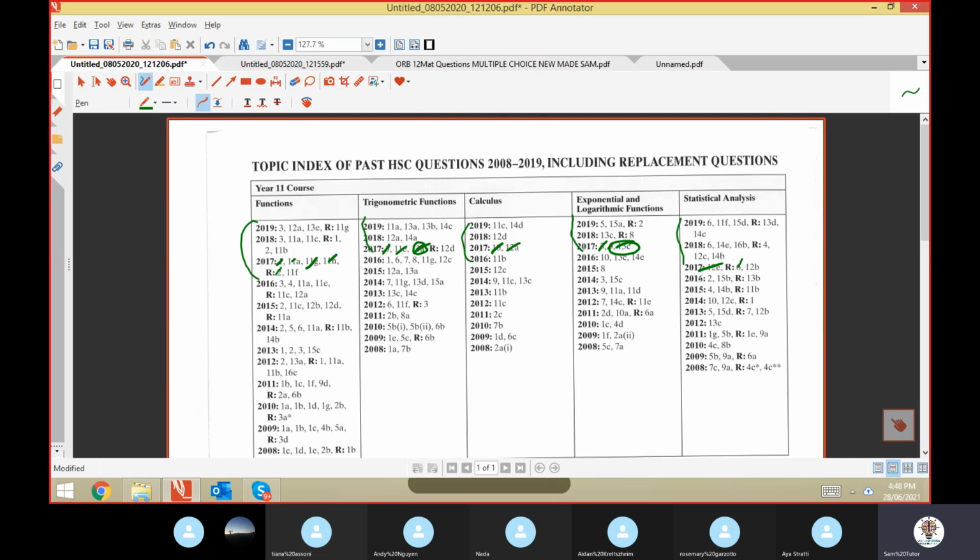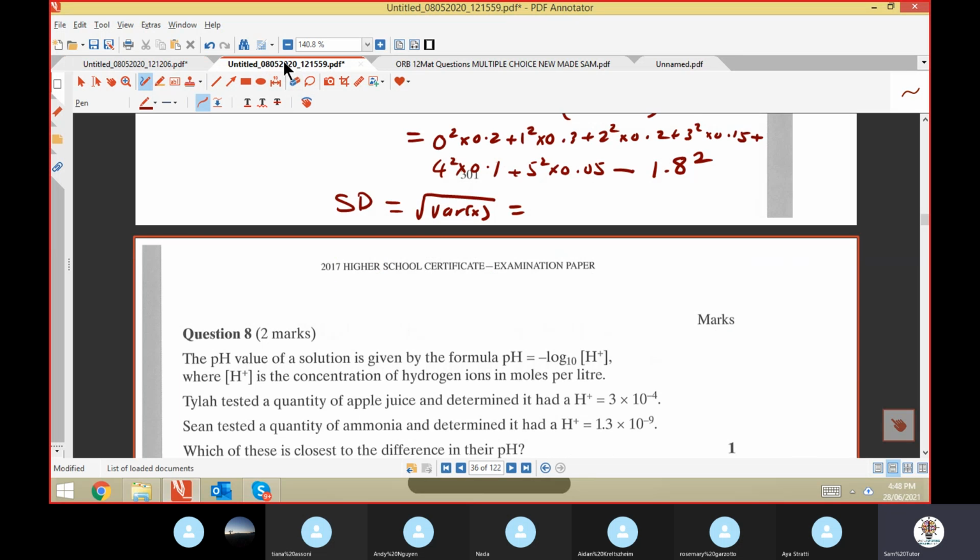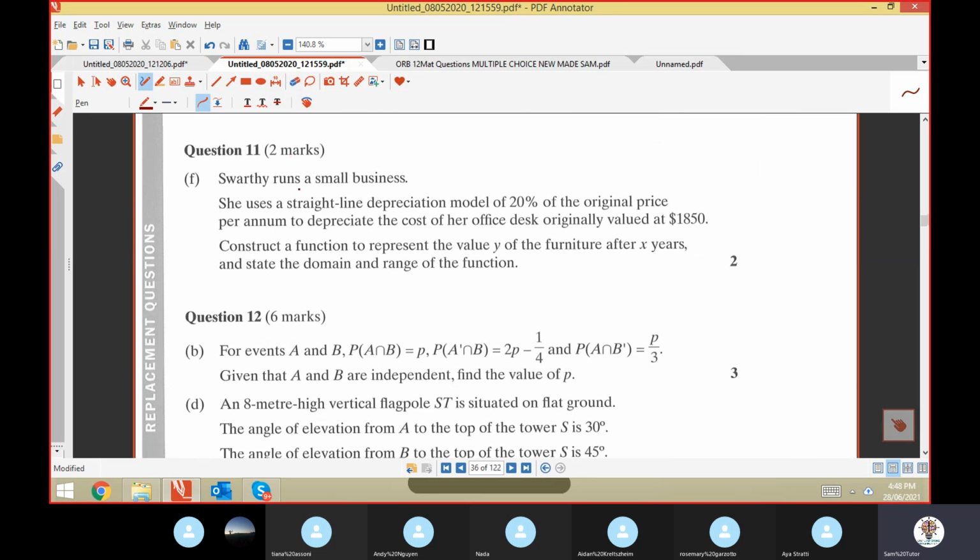Question 12. 12B and 12D and 11F. All right, so 11F. Swati runs a small business. She used a straight line depreciation model of 20% of the original price per annum to depreciate the cost of her office desk originally valued at $1850.